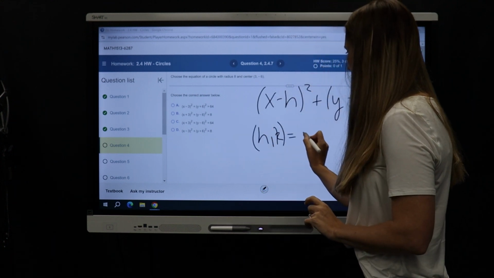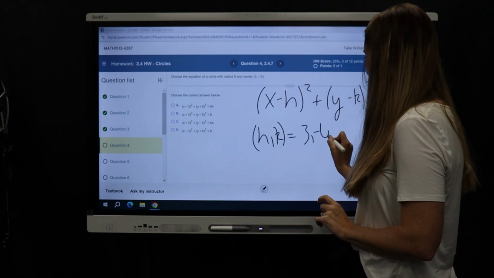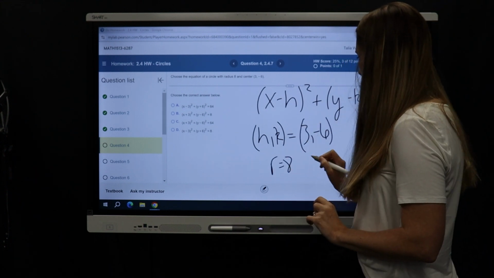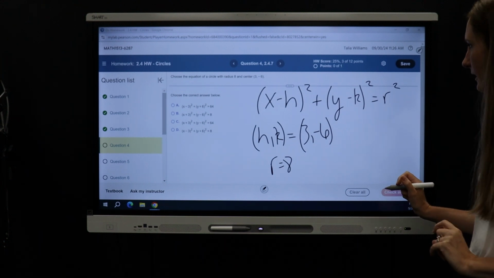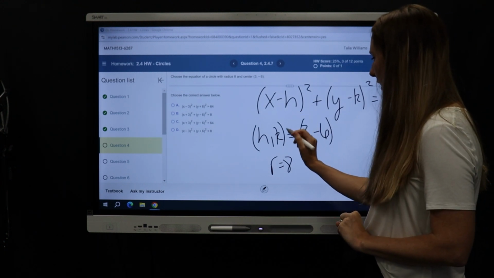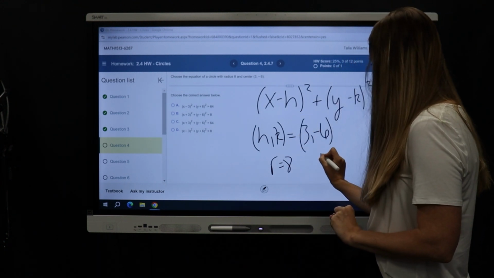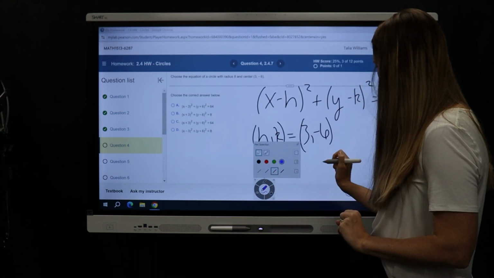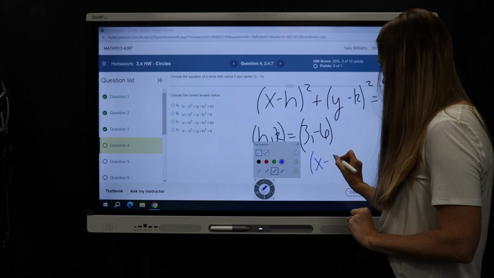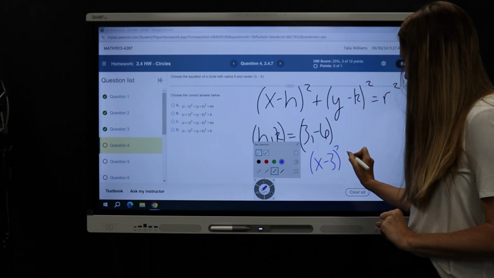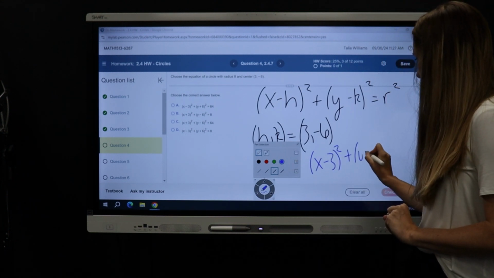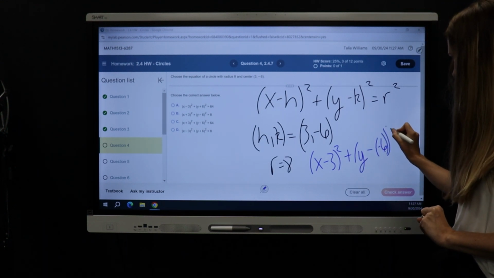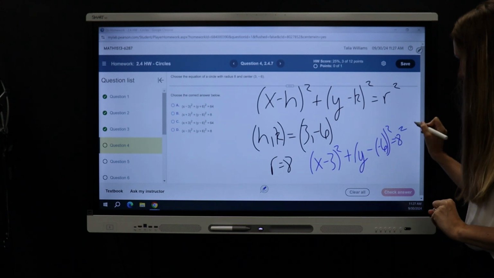And since our center is 3, negative 6, our r is 8. When we go to plug this in, I put the 3 here. I have x minus 3 squared plus, and this would be y subtract negative 6 squared equals 8 squared.